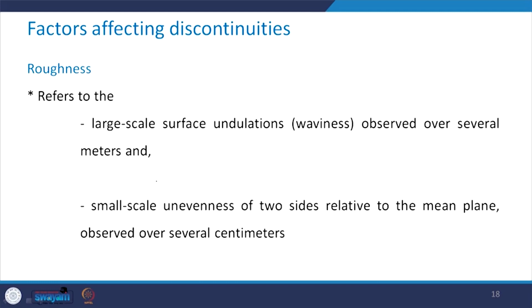One is the large scale surface undulations or the waviness which is observed over several meters, and the second one is the small scale unevenness of the two sides related to the mean plane which is observed over several centimeters. One is large scale, the second one is small scale. The large scale runs over several meters. However, the small scale unevenness is observed over several centimeters.